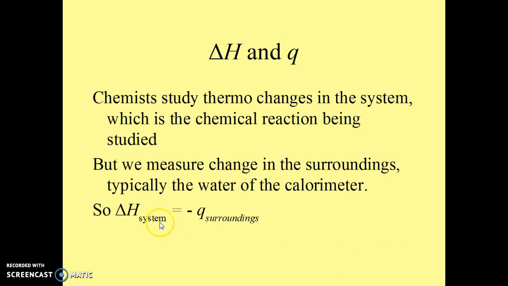So delta H of the system, which is equal to Q of the system at constant pressure, is equal to minus Q of the surroundings. They're going in the opposite direction. If the reaction is losing heat, then the surroundings would be gaining heat. And so to make them equal, we have to change the sign on the Q of the surroundings.